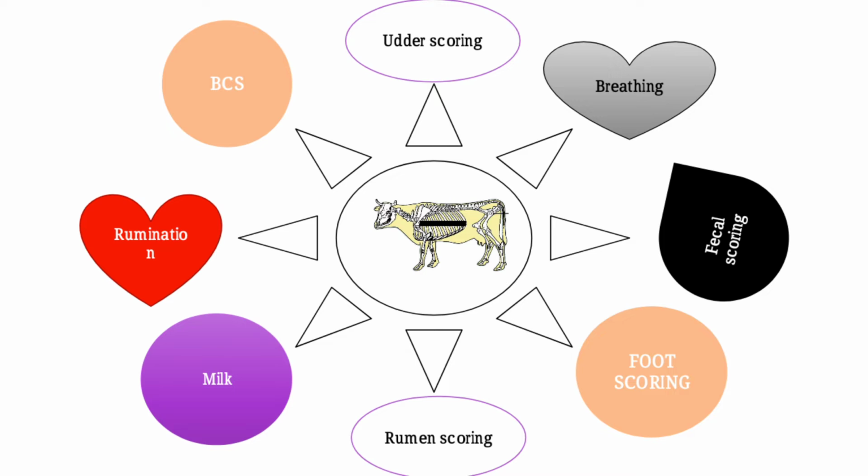For this purpose, you can identify whether cows are suitable for production, like dairy or beef. You have to judge the animal's body condition score.